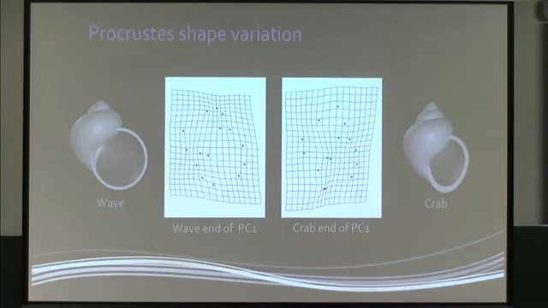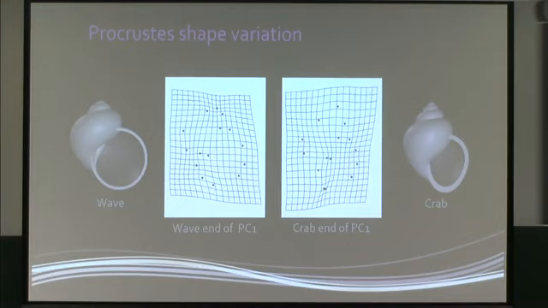Yes. And now if we look at how shape variation is visualized with the previous method using thin plate splines and principal component analysis, the first principal component has actually been used as the way of separating the ecotype into the different types.